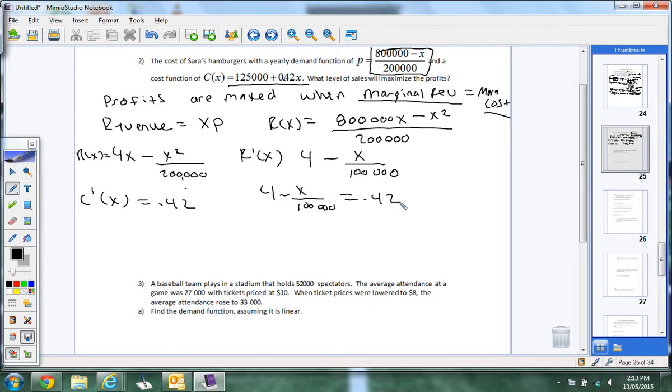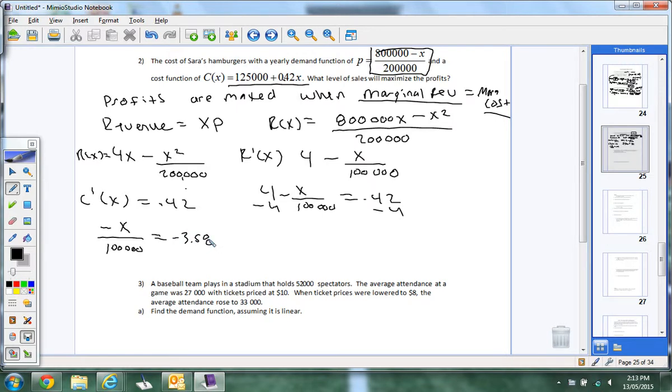Again, I like to isolate my fraction so I can multiply that bottom off. So the first thing I do is I'm going to subtract 4 here. So then I get negative x over 100,000 equals 0.42 minus 4, which is negative 3.58.